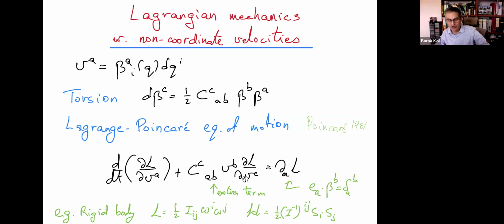But there is an extra term that Poincaré understood, where the torsion coefficients appear. So in this way, you can work in non-coordinate velocities, and you can give the rigid body a Lagrangian formulation and a Hamiltonian formulation.